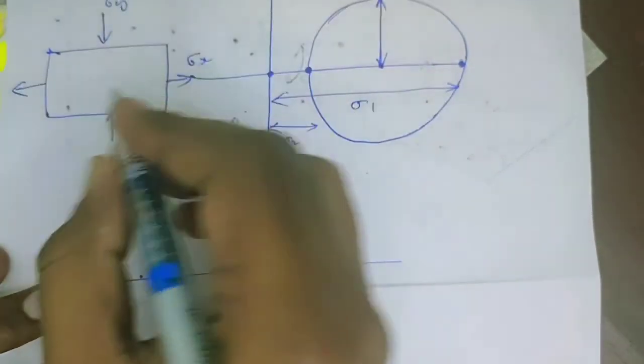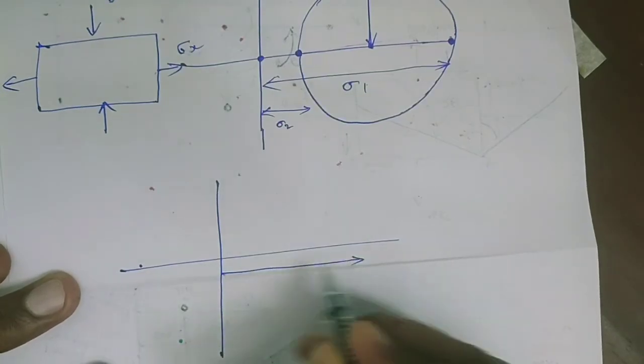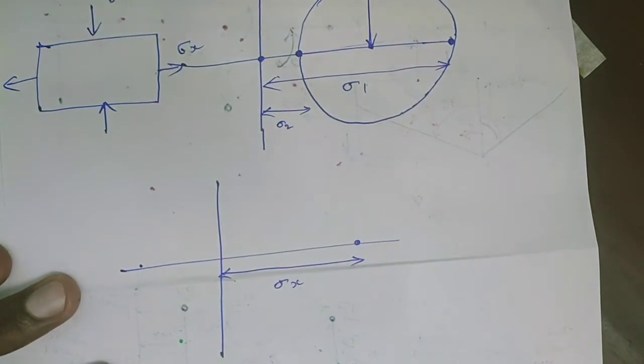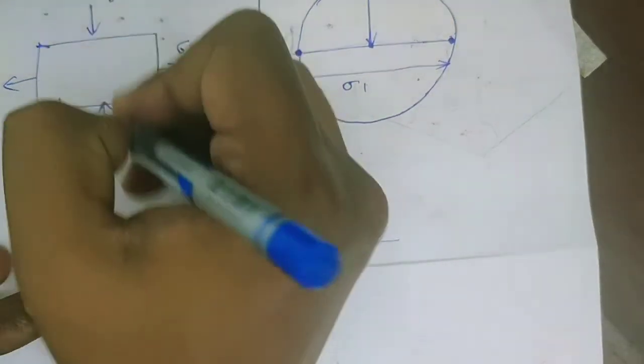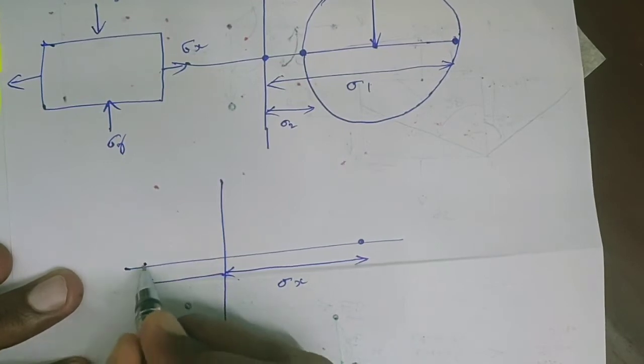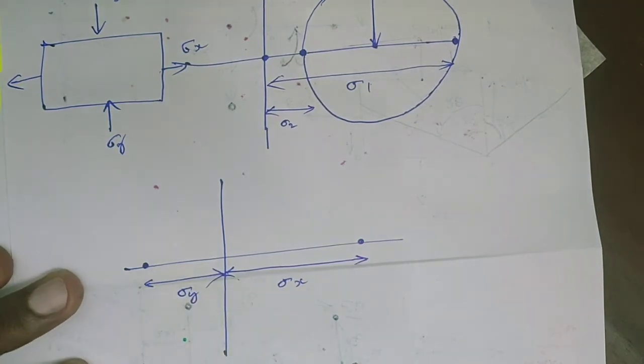This is compressive in nature, this is tensile in nature. Take the tensile value in the positive x direction, sigma x, and mark this point. Take the compressive value in the opposite direction, in this direction. So this is the sigma y value from the origin to this point.